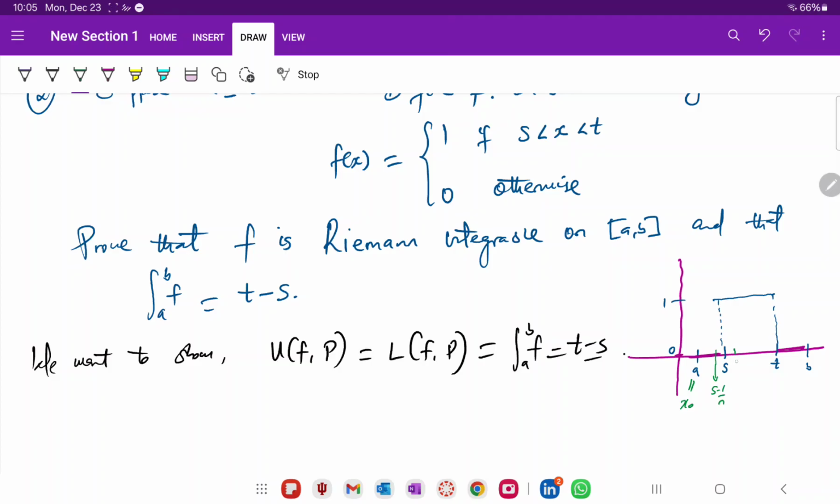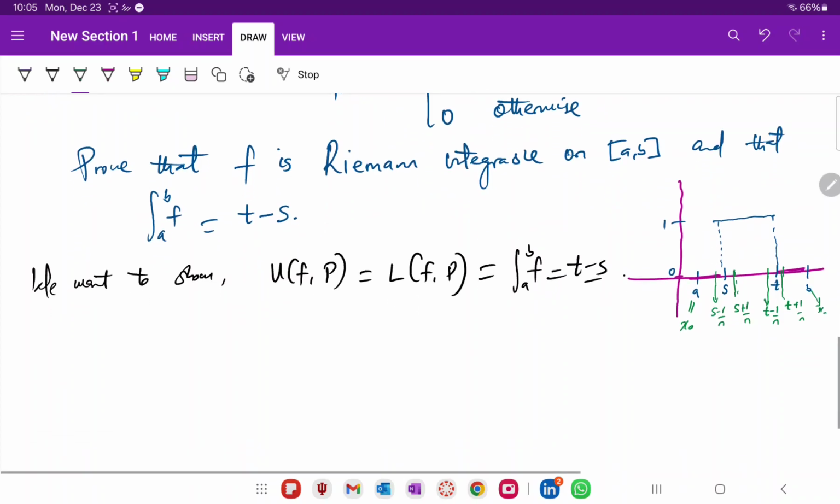Then another point here, that should be s plus 1 over n. Then another point here, that should be t minus 1 over n. Then another point here, that should be t plus 1 over n. And then have this b to be our xn, our last point.